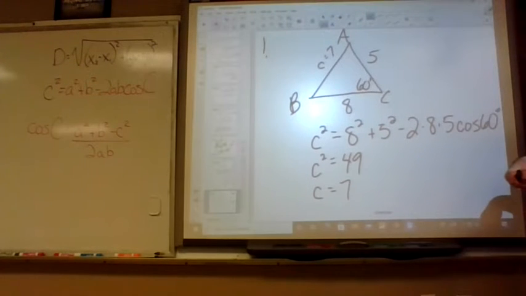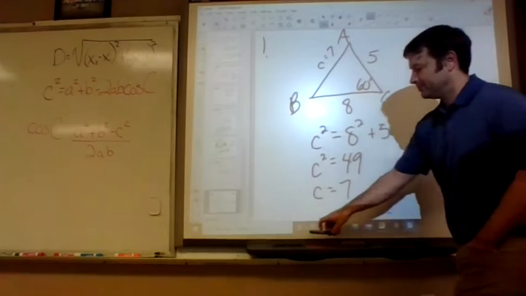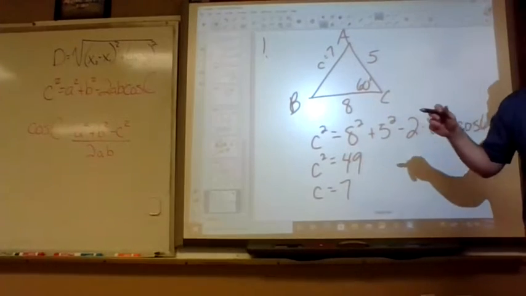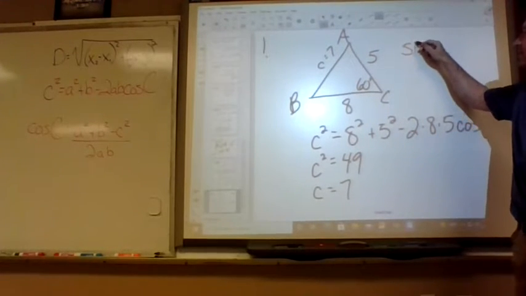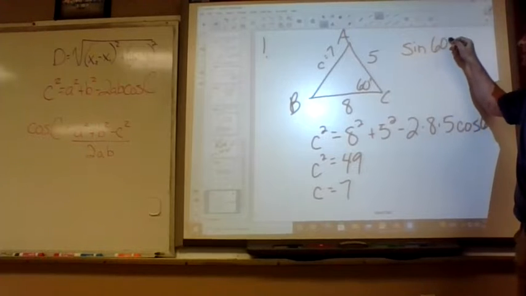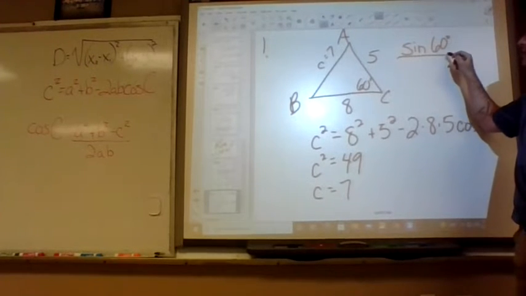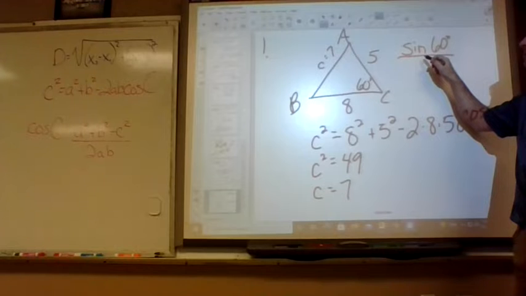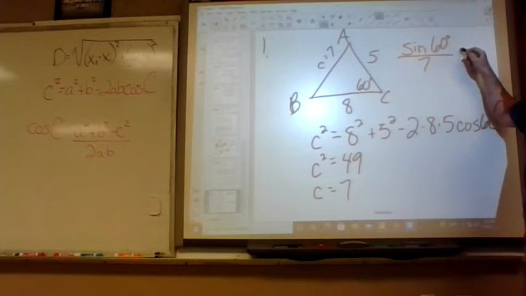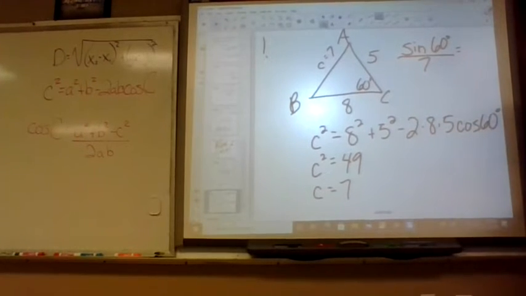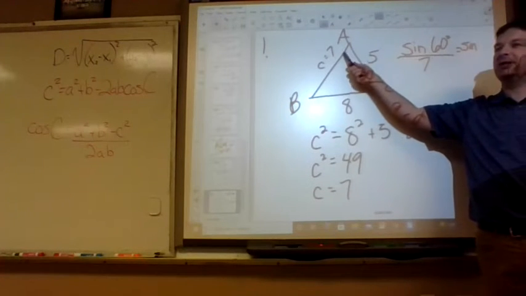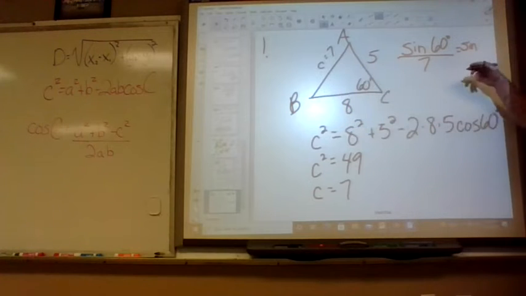Sine 60 over 7 equals sine of A over 8. We could use angle A or angle B at this point. Let's do angle A.